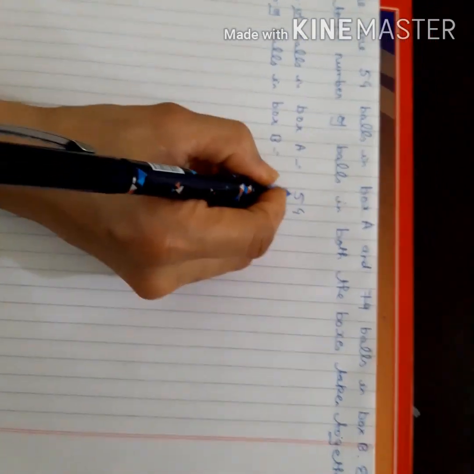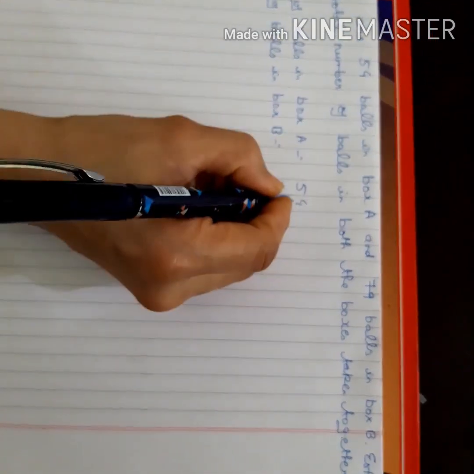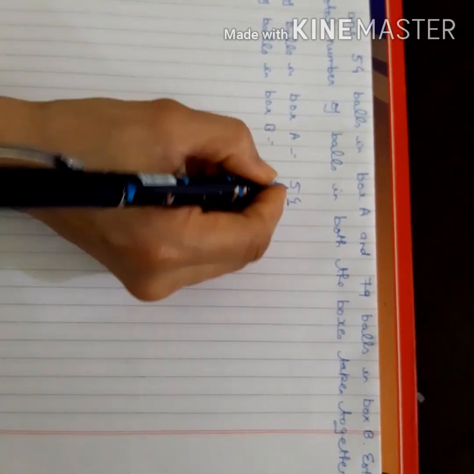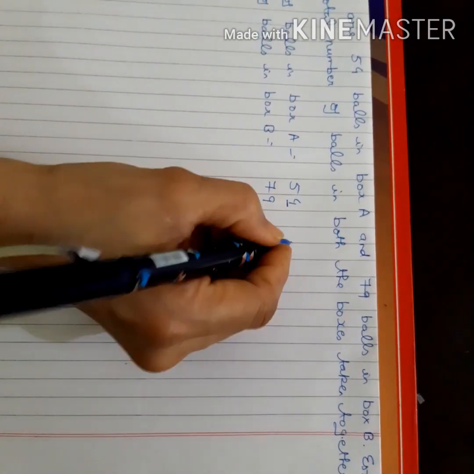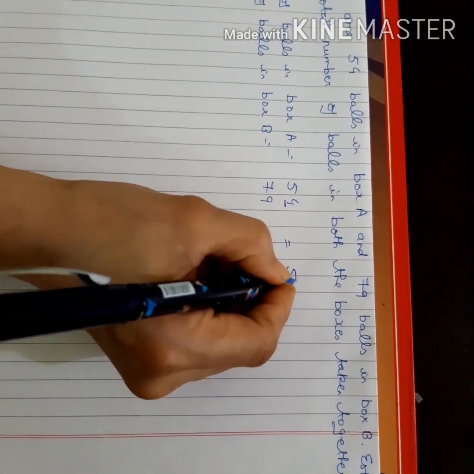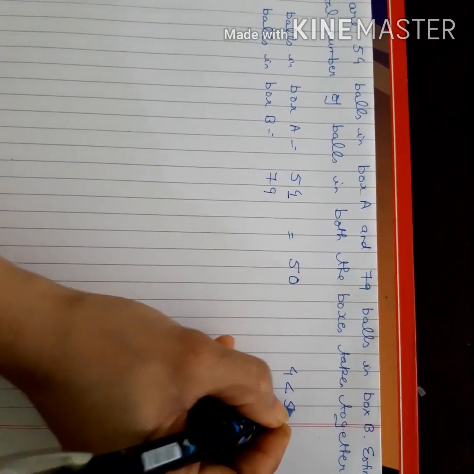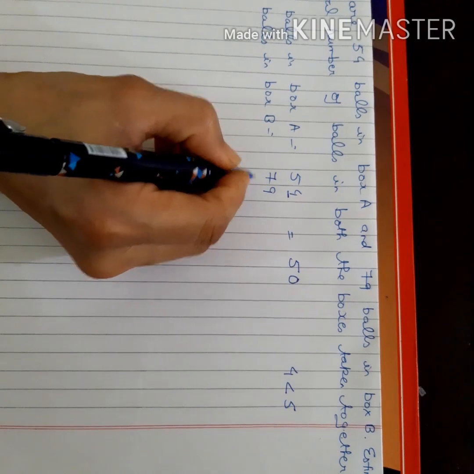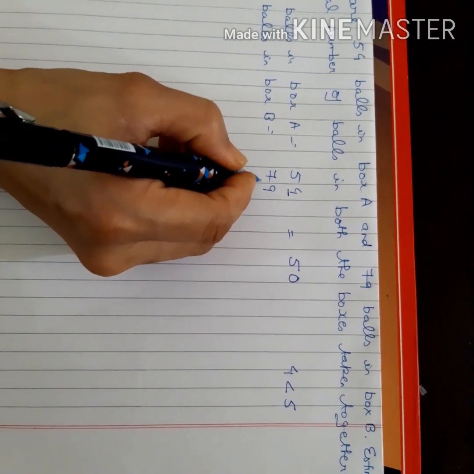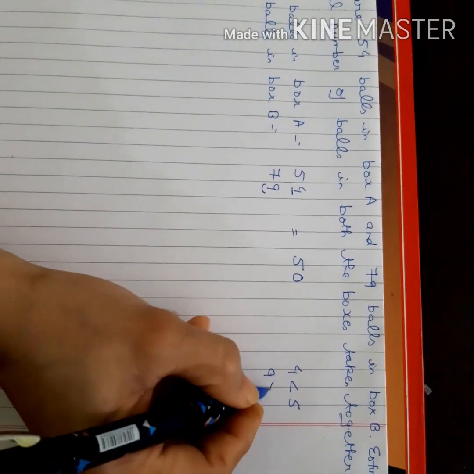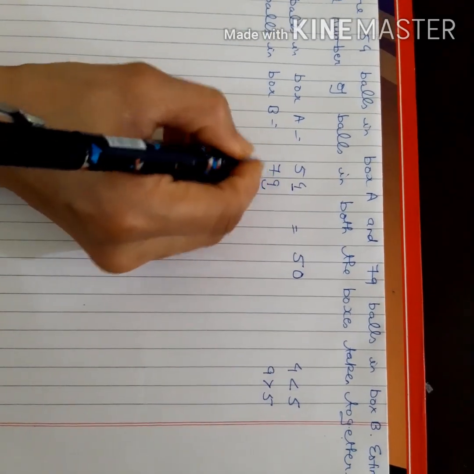We will round off 54 to the nearest tens. We will check the first digit and round off, and it will become 50 because 4 is less than 5. Again we will round off 79 to the nearest tens. This 9 is greater than 5. So this will increase by 1.